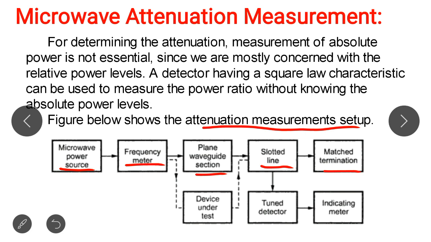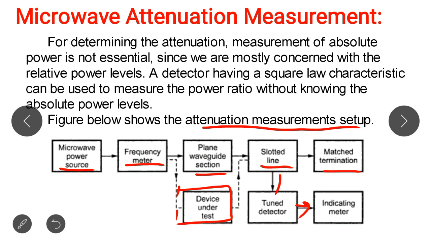A probe is connected in the slotted line section to detect power, and this is connected to an indicating meter. Instead of this, we may connect a device under test, meaning the device whose attenuation is to be measured.